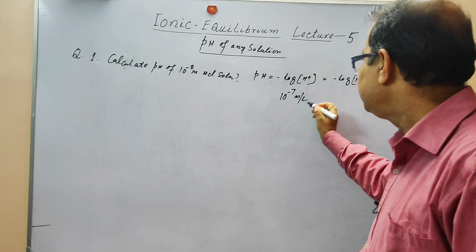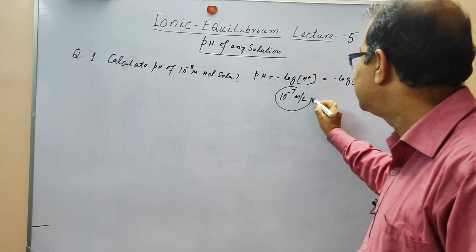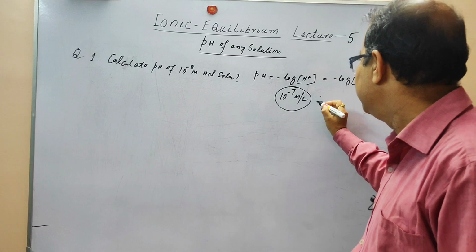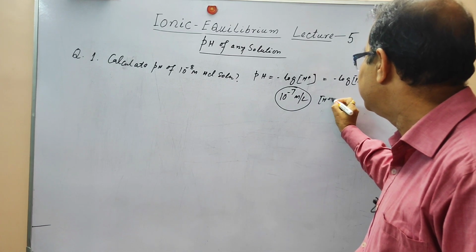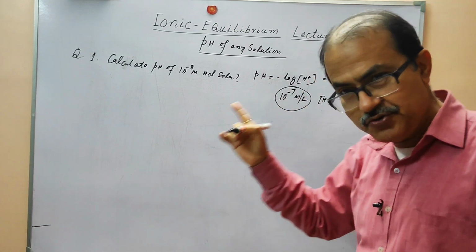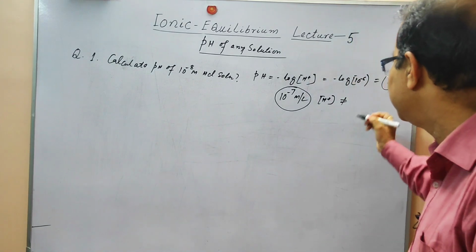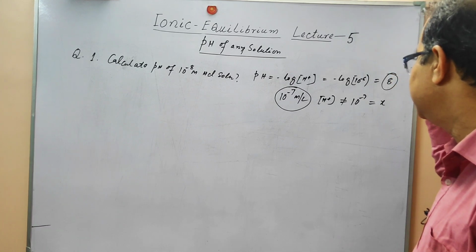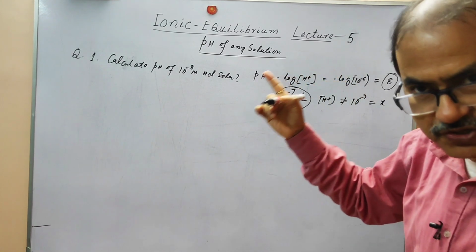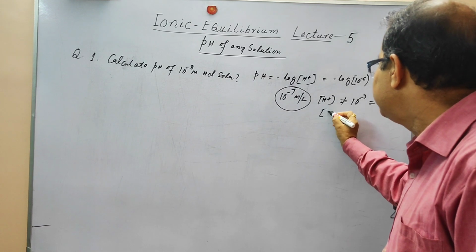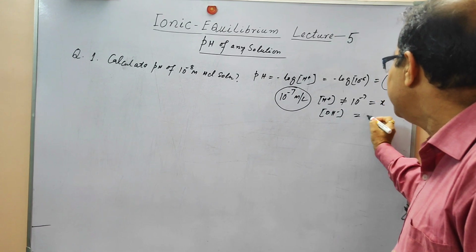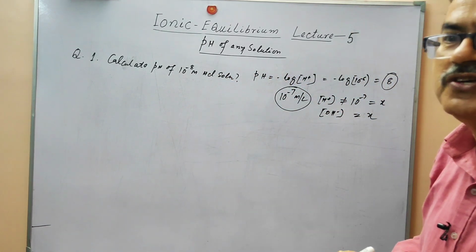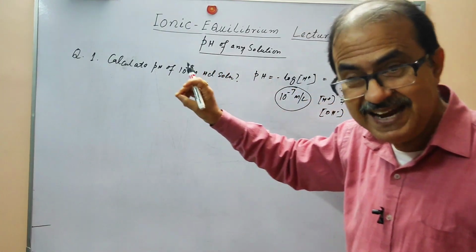So now, this 10 to the power minus 7 is the concentration of the H plus ion. So we can write the concentration of H plus ion will not be 10 to the power minus 7 because it is an acidic solution, so it is different, and we will first calculate this X. If the H plus ion concentration is X, then the OH minus ion concentration will also be X. But here it is an acidic solution, with the concentration of H plus that is added.